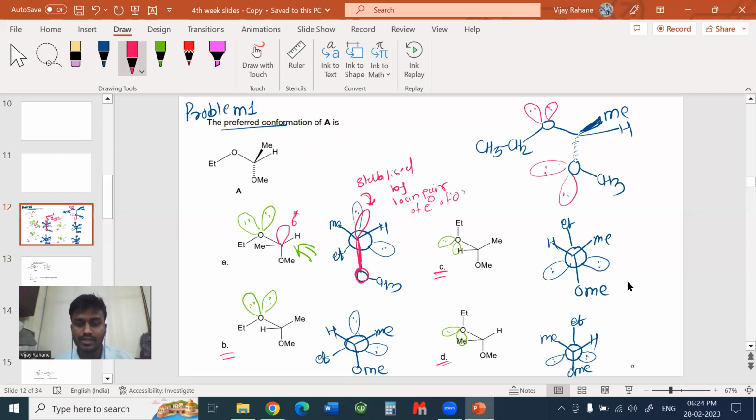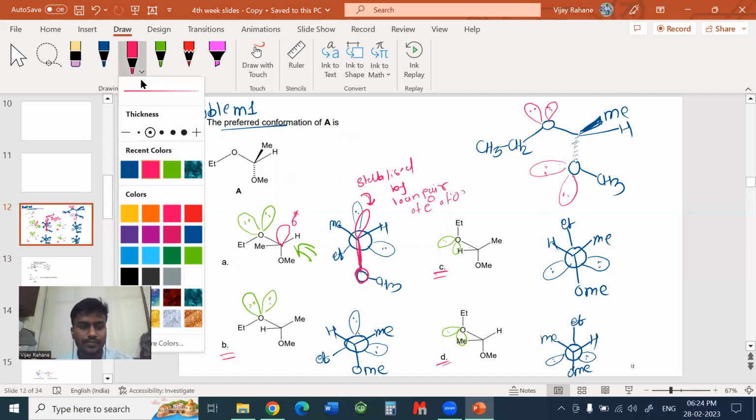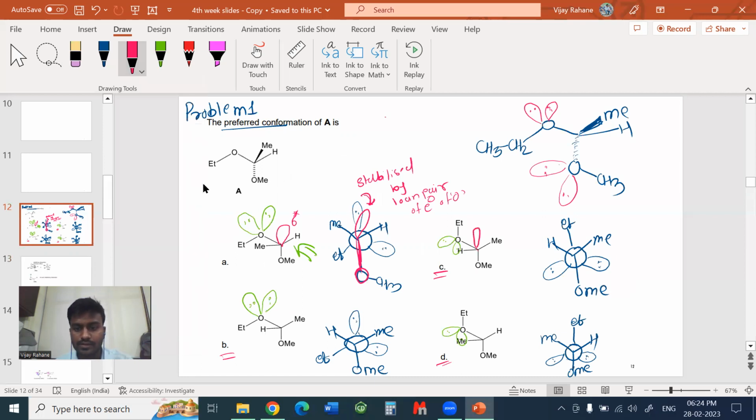In these two, no such stabilizing interaction is possible because the lone pairs are not parallel to this sigma star orbital, right? So there is no possibility of such stabilizing interaction. In this one also, no stabilizing interaction. In this one also, no stabilizing interaction, you can say.